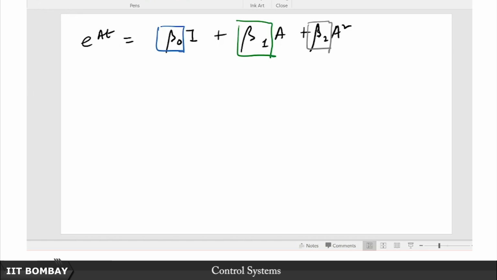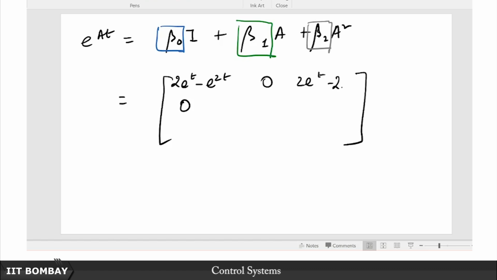So the point is that I'll complete the story and I'll probably give you my calculation. You need not agree, in fact if I make a mistake then it's welcome that you point out that mistake. So this is what I found: 2 e to the 2t, sorry, not minus 2t, there can't be a minus 2t, my bad.